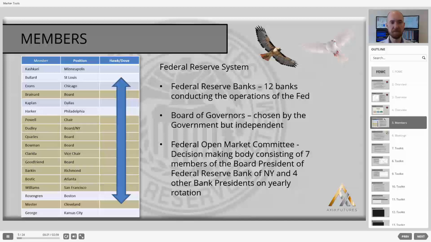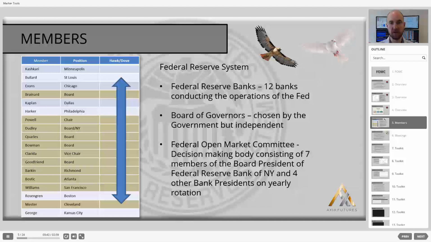Now, where you have a slight balancing out is the Federal Open Market Committee. What you have here is the policy-making arm of the Federal Reserve System, and this is made up of the 7 members of the board, plus the head of the New York Federal Reserve.